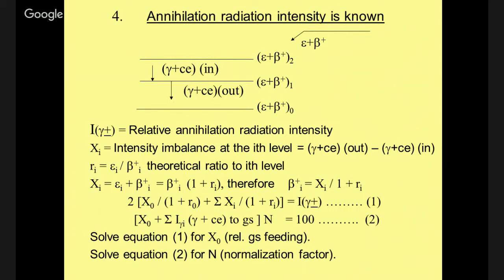You calculate the intensity imbalance for each level and call it Xi. And you use the theoretical ratio of electron capture to beta plus for the ith level. Then this Xi, the imbalance, you can write as a function of the beta plus and the ratio, and you determine how much is beta plus.